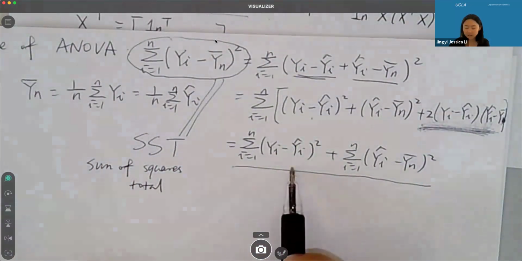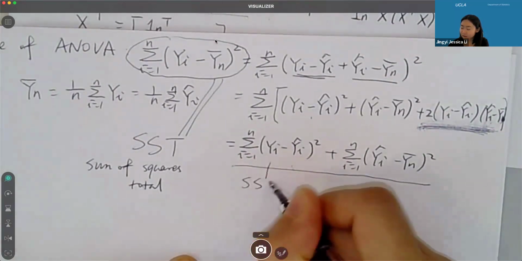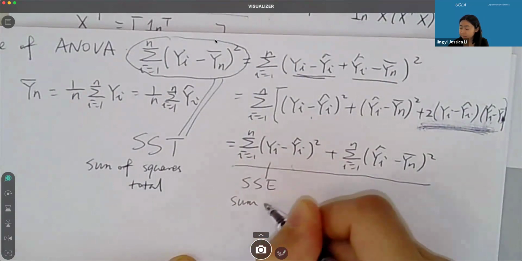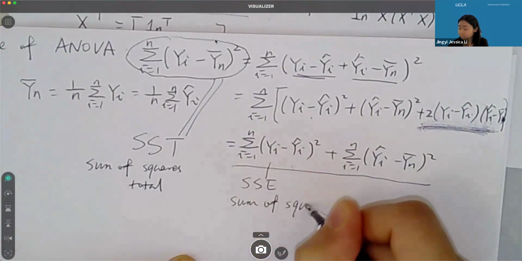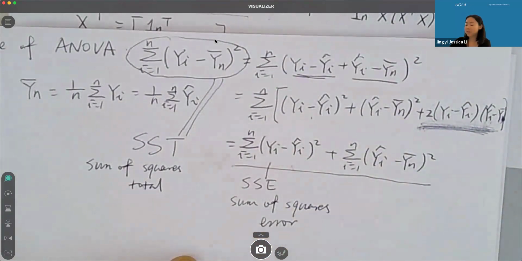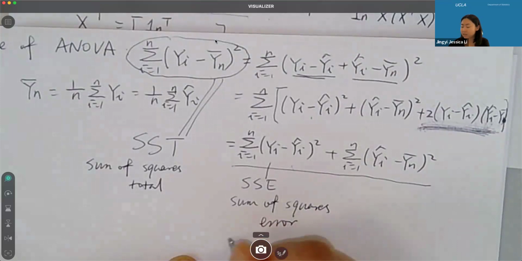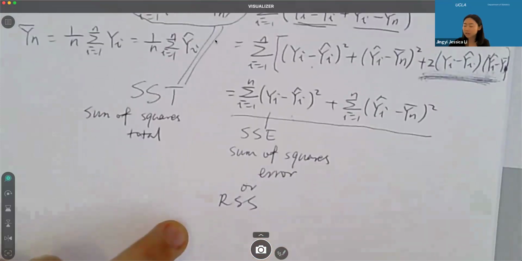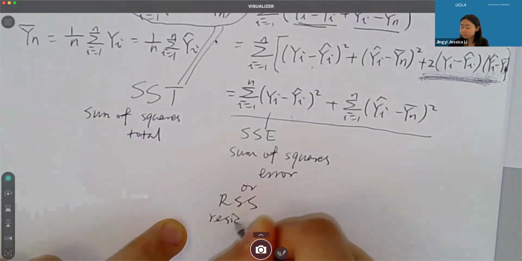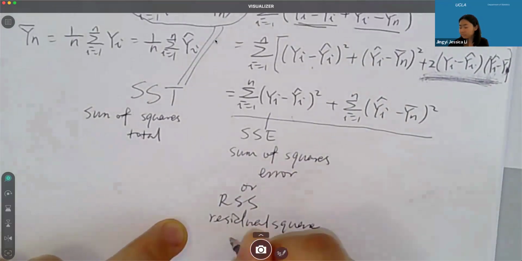And we call this term the sum of squares error. And like we said last time, this term can also be called RSS, the residual sum of squares.